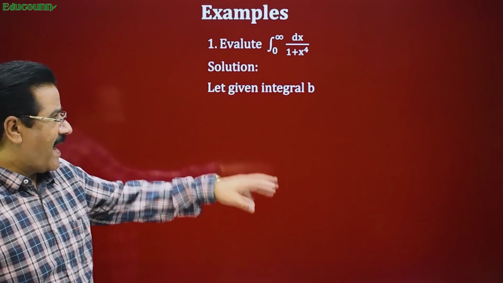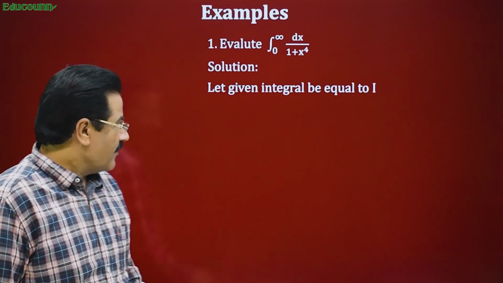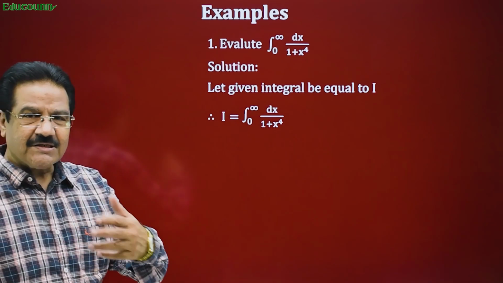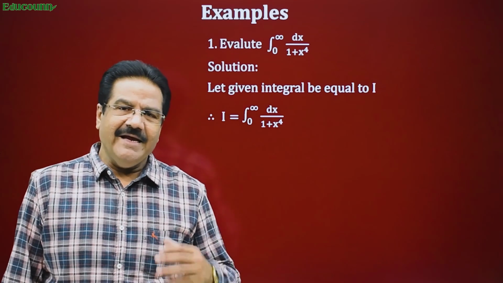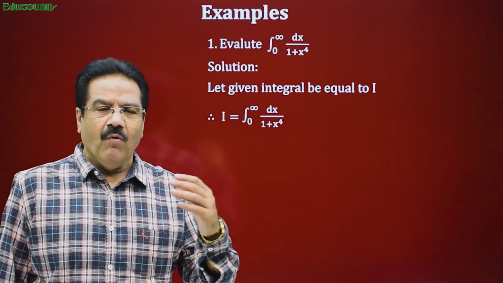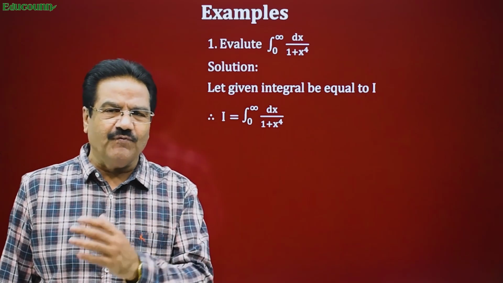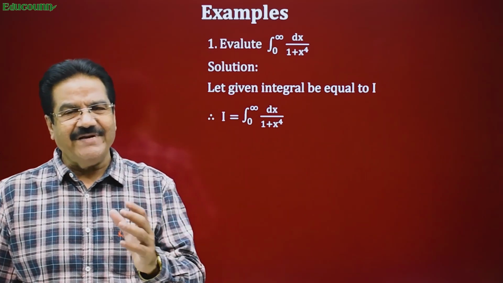Let us assume that the given integral is equal to capital I. Therefore I is equal to the given integration. Now how can this be solved? You must know the concept. Whenever the integration contains the term 1 plus x square or 1 plus x raised to 4, we have a standard substitution in terms of tan.